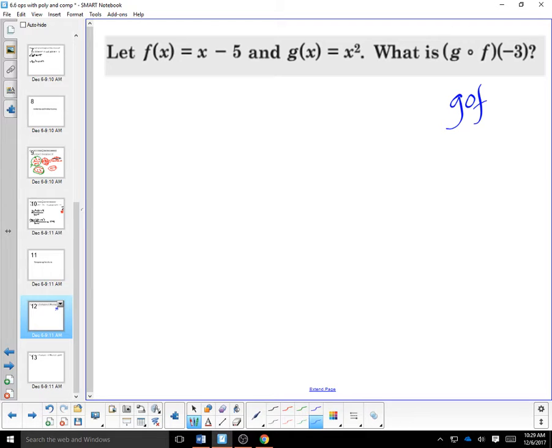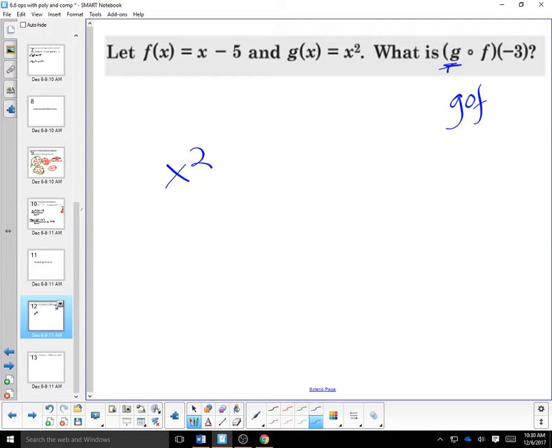So what is my main function here? The g function. So I'm going to start by writing g, which is x squared. Okay? Step 1, okay?